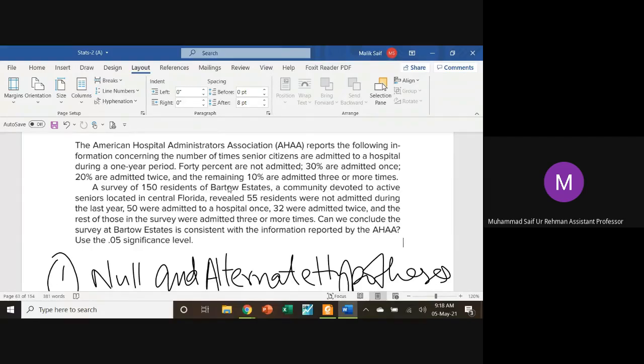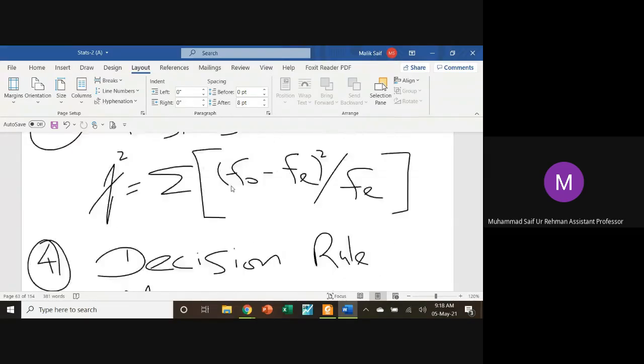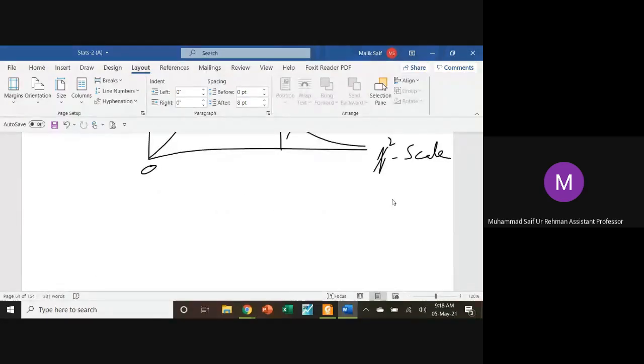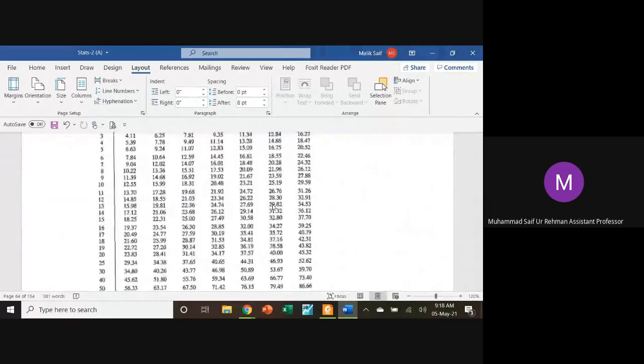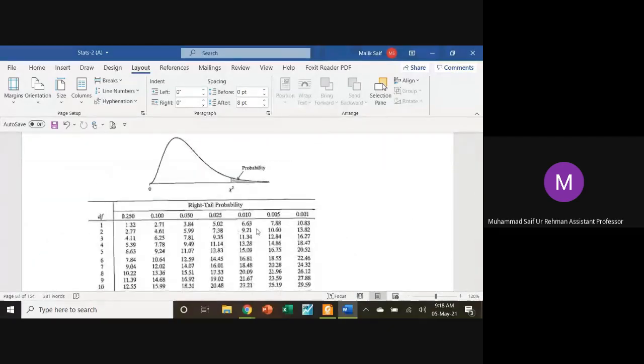So what will you do? You will write down the degree of freedom as k minus 1, where k is the number of categories. There are four categories, minus 1, so the degree of freedom will be 3. Now if you see the table that I pasted over here yesterday, you can see 0.05 and the degree of freedom 3.